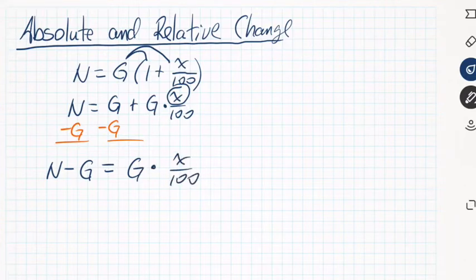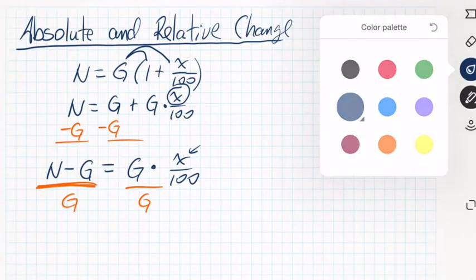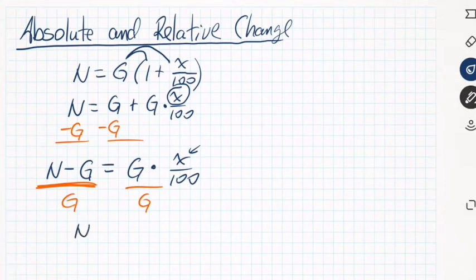Okay, and then I'm still trying to get this x by itself. The next thing I can move easily is the G again, but in this case it's G times x over 100, so I'm going to divide both sides by G, the entire side over here by G. All right, so now I'm down to new minus old divided by old is equal to x over 100.